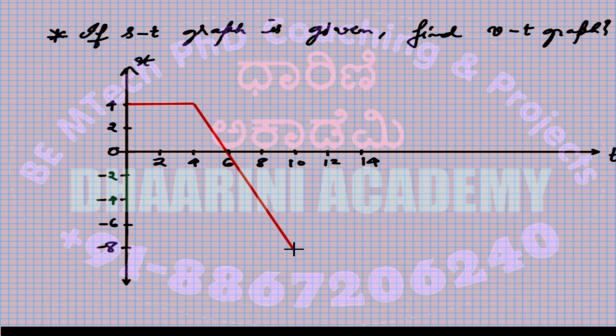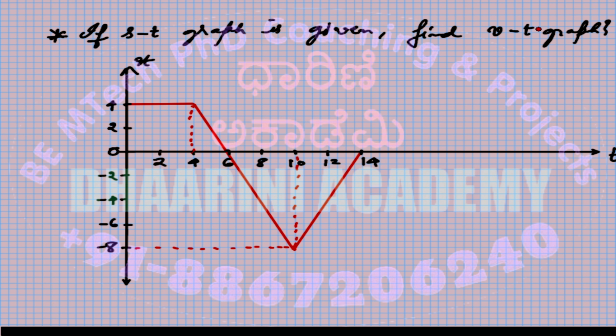Okay, at 10, this is minus 8. At 14, this is 0. So this is the displacement versus time graph.